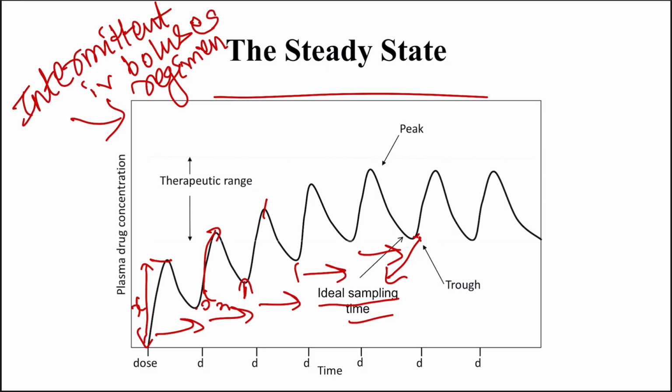It is like that, and once it reaches steady state, the increase is there, but it does not have that particular pattern which it had in the earlier phase, that is, before reaching the fifth half-life.